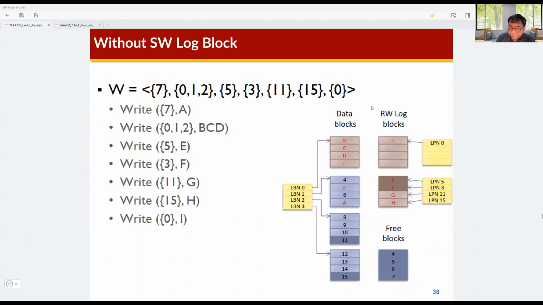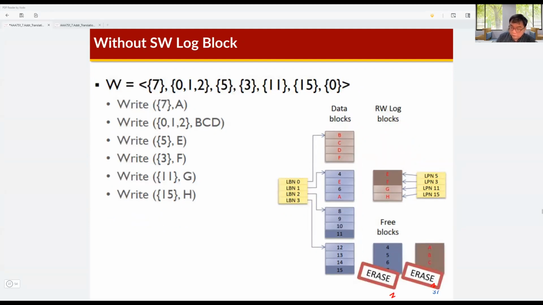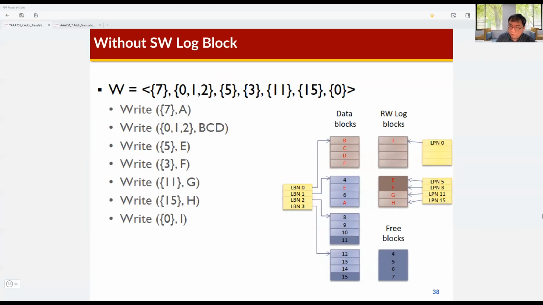So then let us assume that with this merge operation, one empty log block is generated. And then a new write operation is also given to this SSD, with logical page number 0.